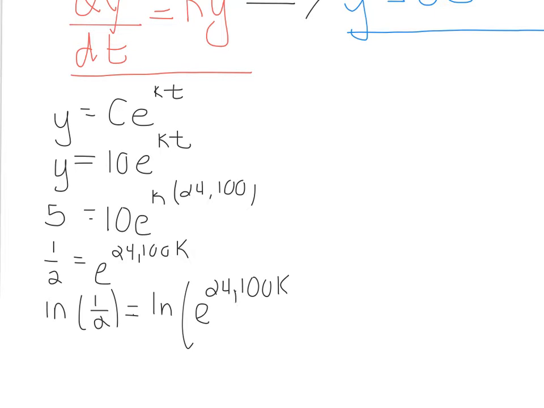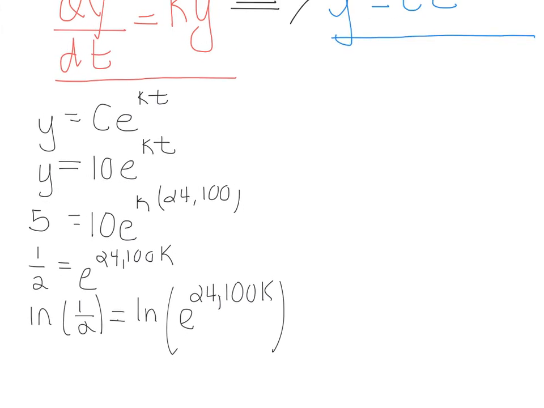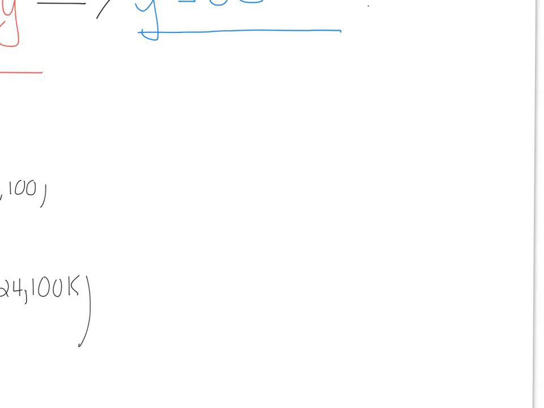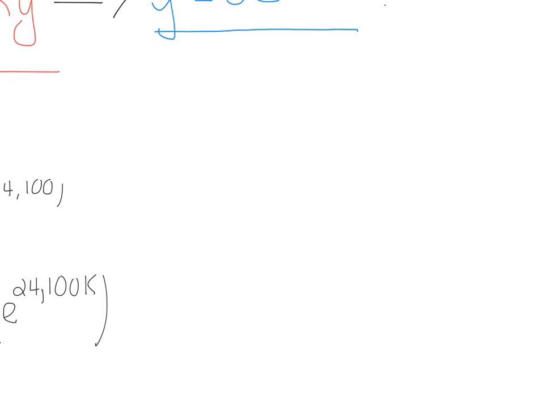From there, the natural log of 1/2 is roughly negative 0.693. Natural log and e are basically going to cancel each other out.